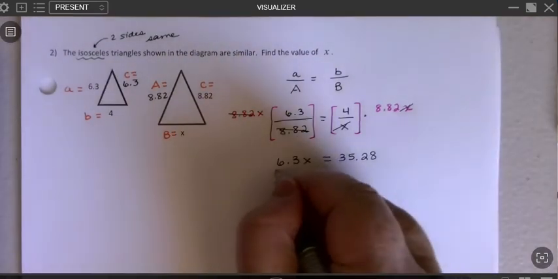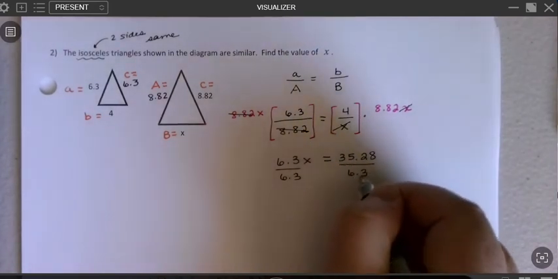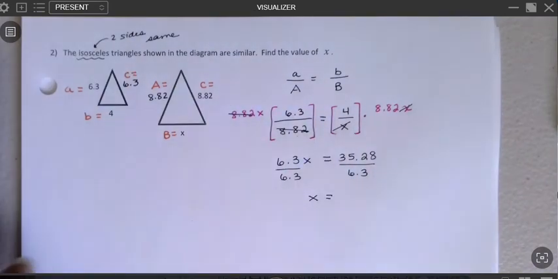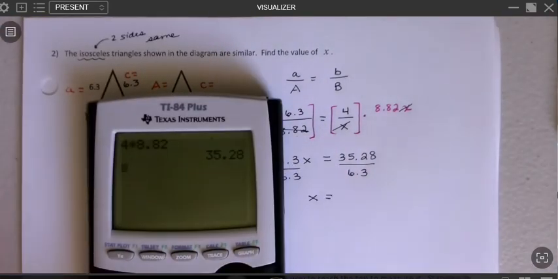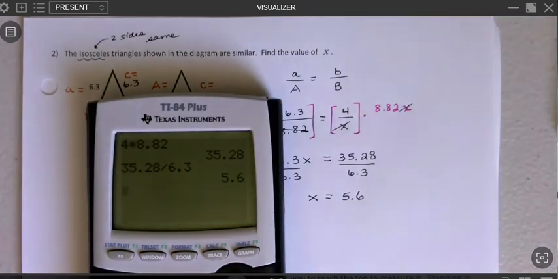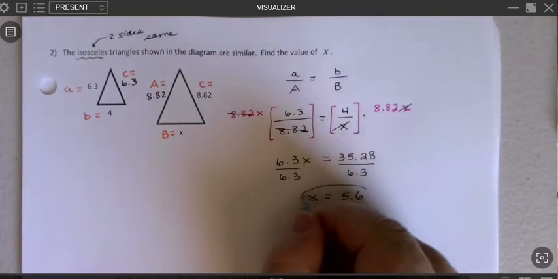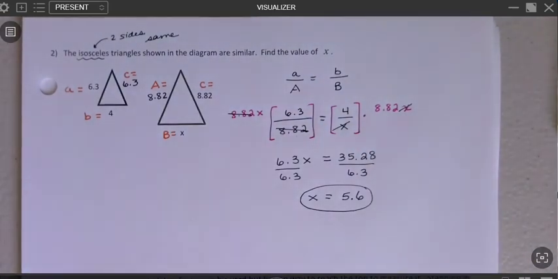If I divide both sides by the 6.3, I have 5.6. So the bottom of this triangle would have a length of 5.6.